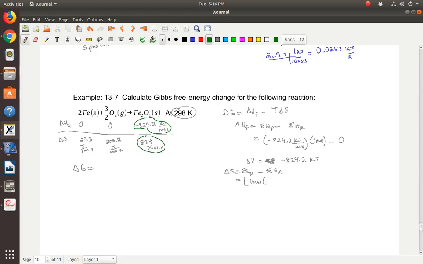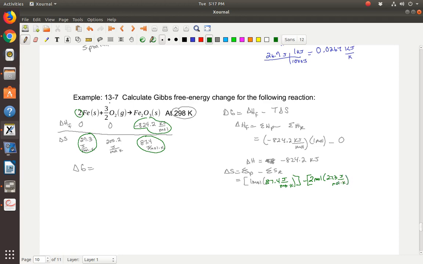There's the delta S. So it's times 87.4 joules per mole Kelvin, and that's the only product. So minus the reactants, the summation of the reactants. We have 2 moles of iron, and we have to use 27.3 joules per mole Kelvin.